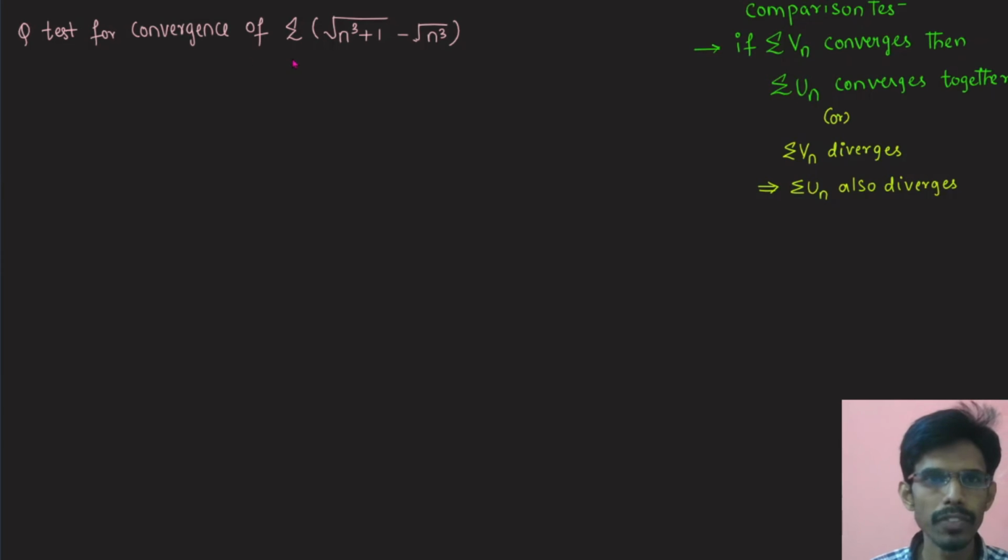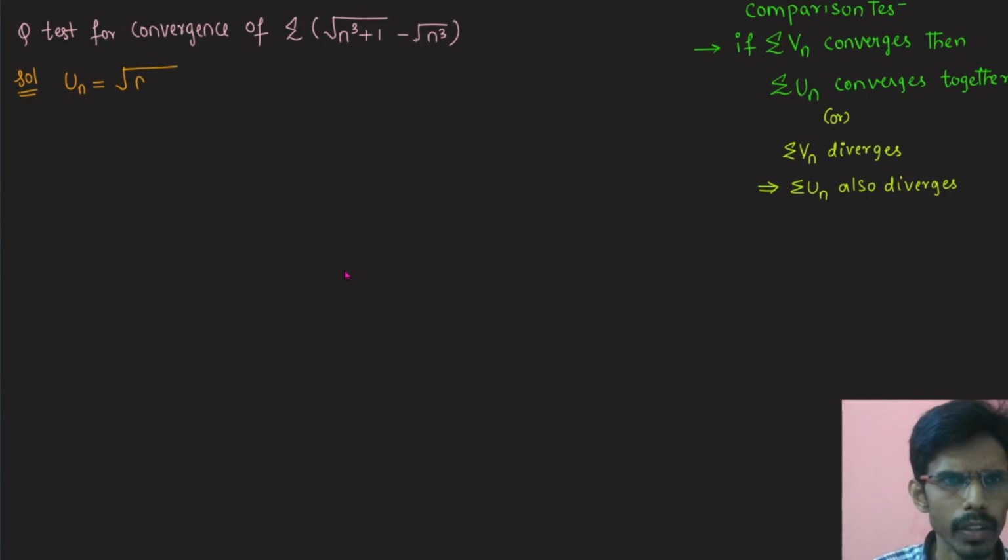Test for the convergence of sigma root n cube plus 1 minus root n cube. Now let us see the solution. Here the general term u suffix n is given as root over n cube plus 1 minus root n cube. Now we have only numerator. So whenever we have this kind of question, rationalize the numerator.